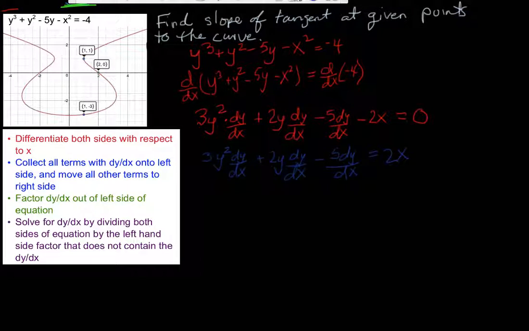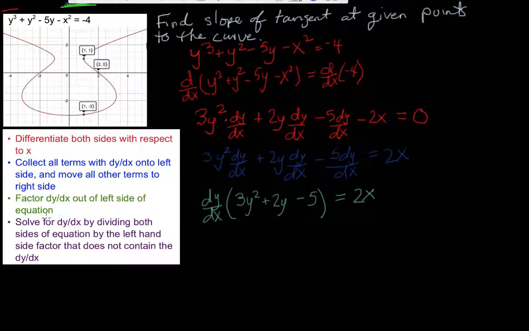Now we're on step 3. We're going to factor the dy/dx out of the left side of the equation. I'm left with dy/dx times 3y squared plus 2y minus 5 equals 2x. Now we're almost done.